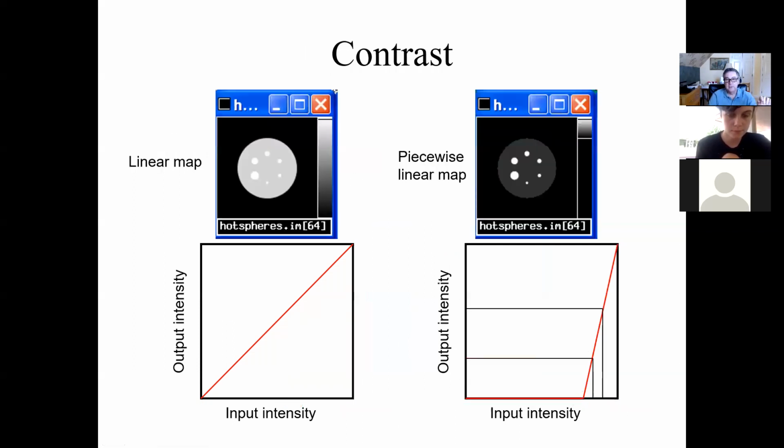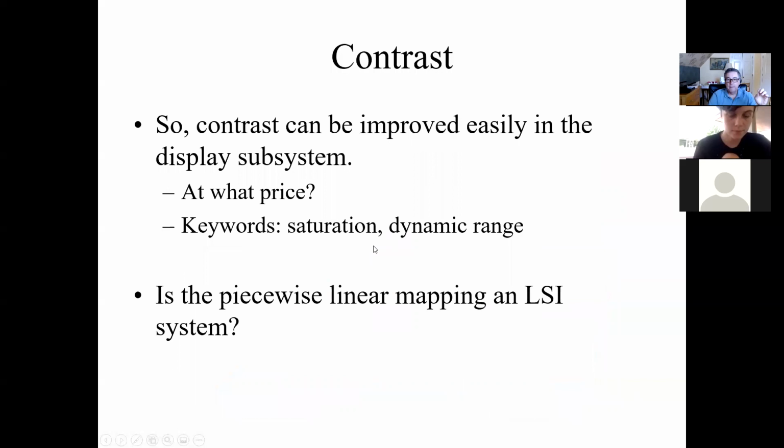And so that's not a problem. Usually these things are linear maps or piecewise linear maps, but they could be curves too. You can do look up tables that look like this, or like that, or whatever, right? So, okay.